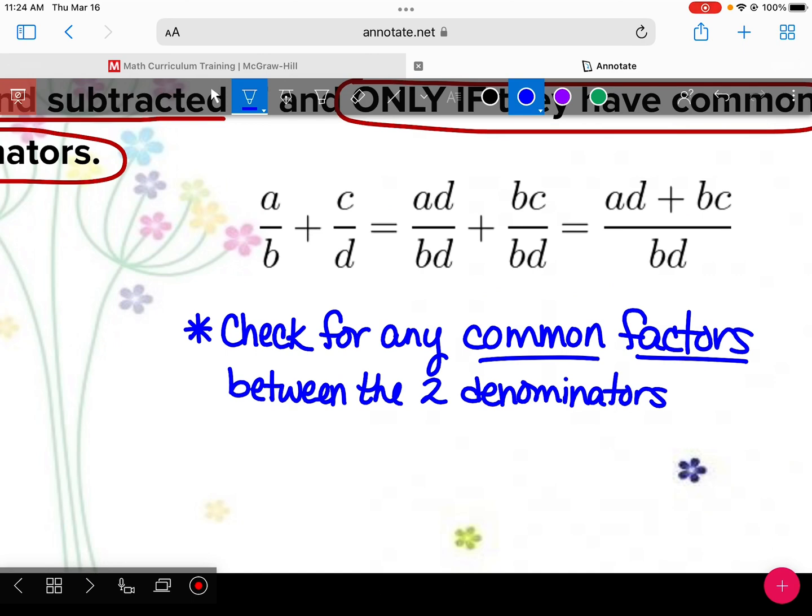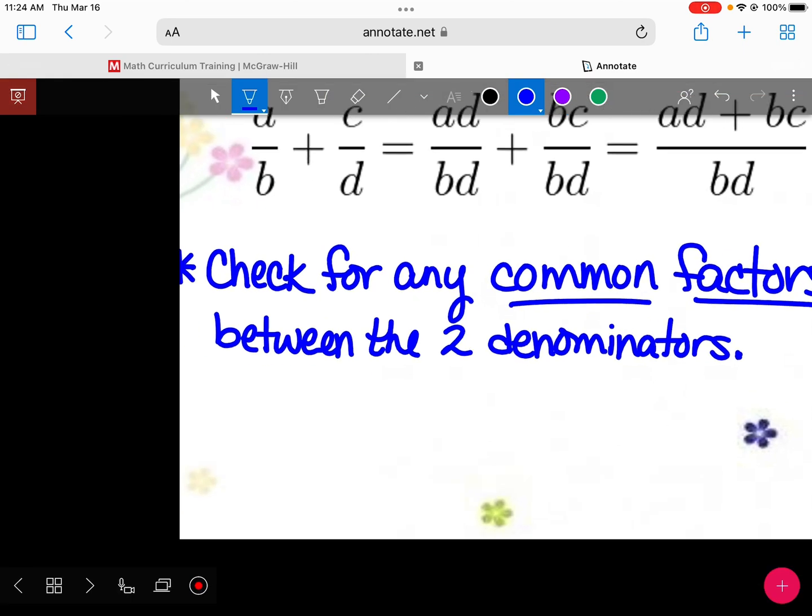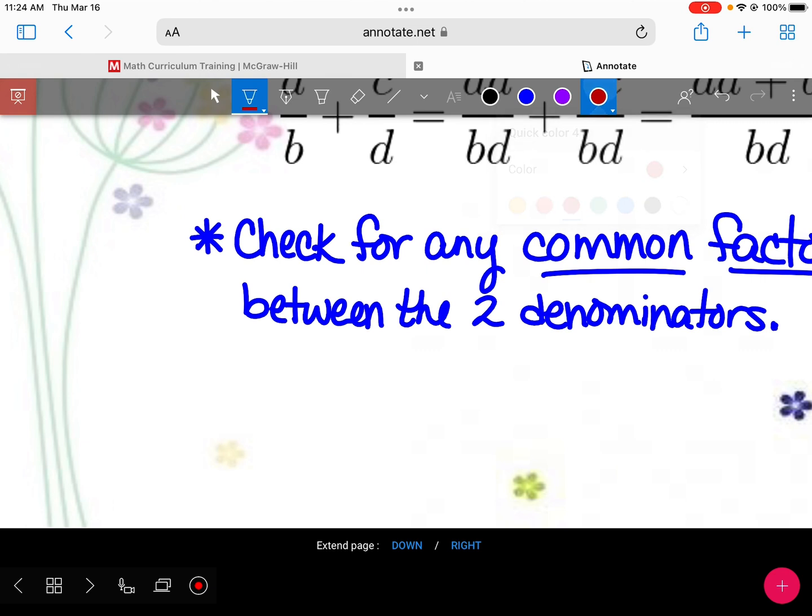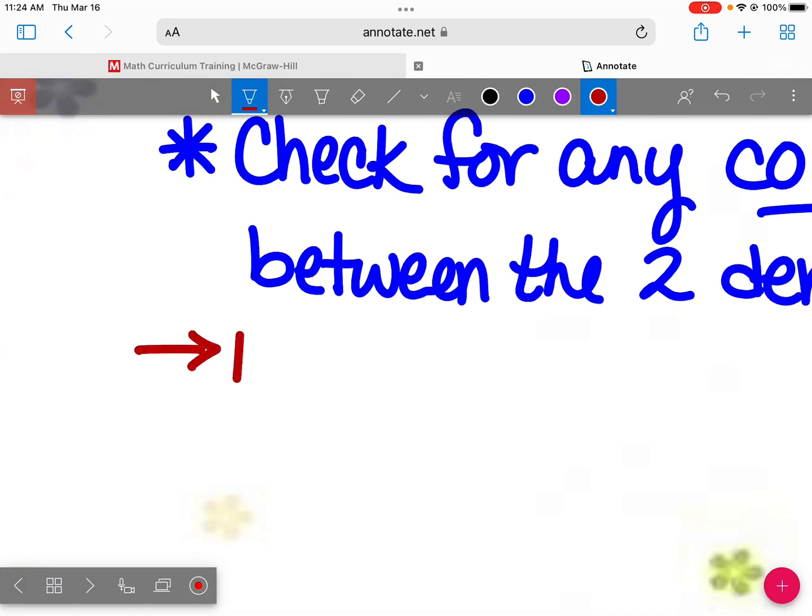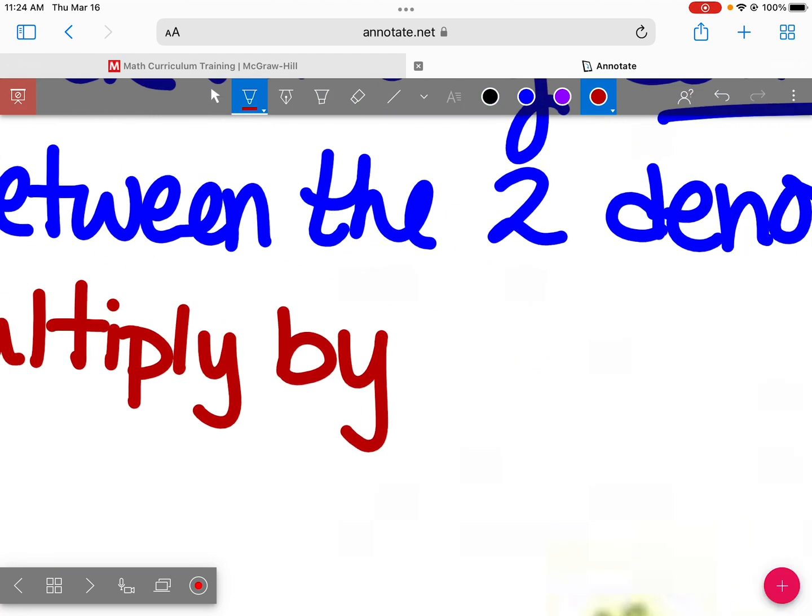Check for any common factors between the two denominators. You will multiply by any differences.